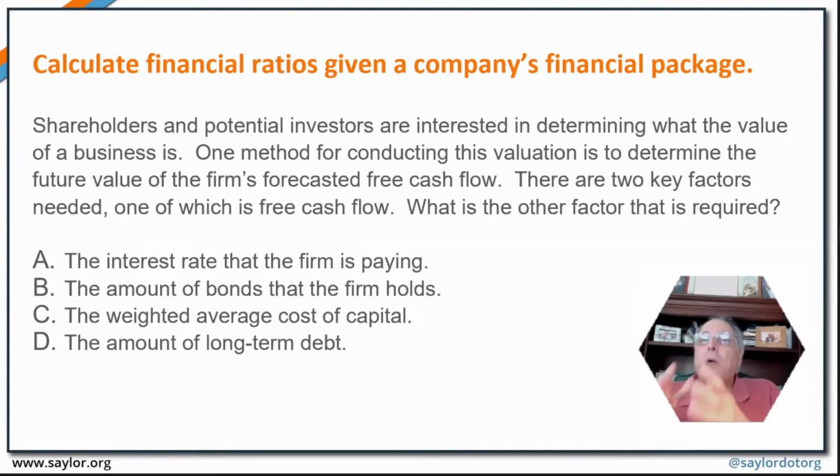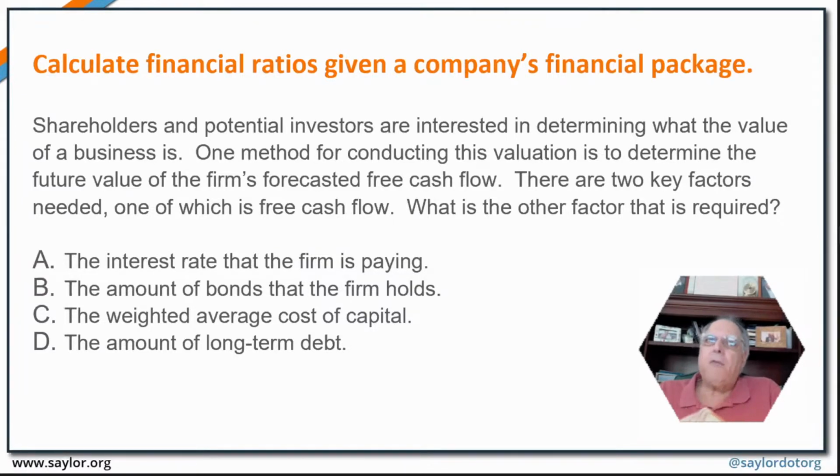Now, remember, when we talk about the present value or the future value of free cash flows, we're looking at the possibility of involving a couple of factors. One of those, of course, is understanding what the free cash flow is. And remember, as part of the budgeting process, we budget and we forecast our expectations for free cash flow. What is the other factor that we're going to require to make a determination on that value?